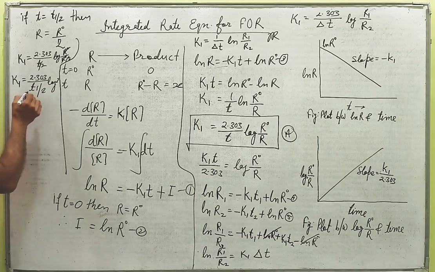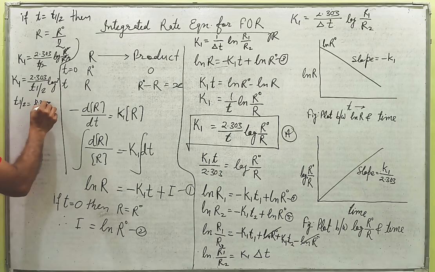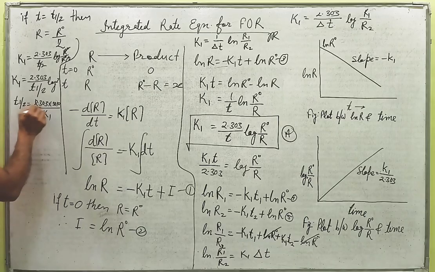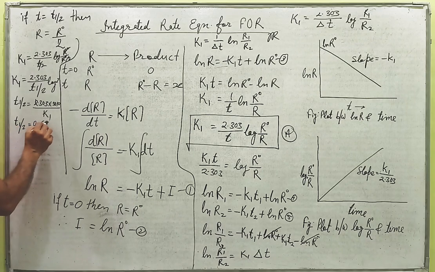The value of log 2 is equal to 0.3010, so we can put that value here, and we will have t 1 by 2 is equal to 2.303 into 0.3010 upon K1, and this is equal to t half is equal to 0.693 upon K1.